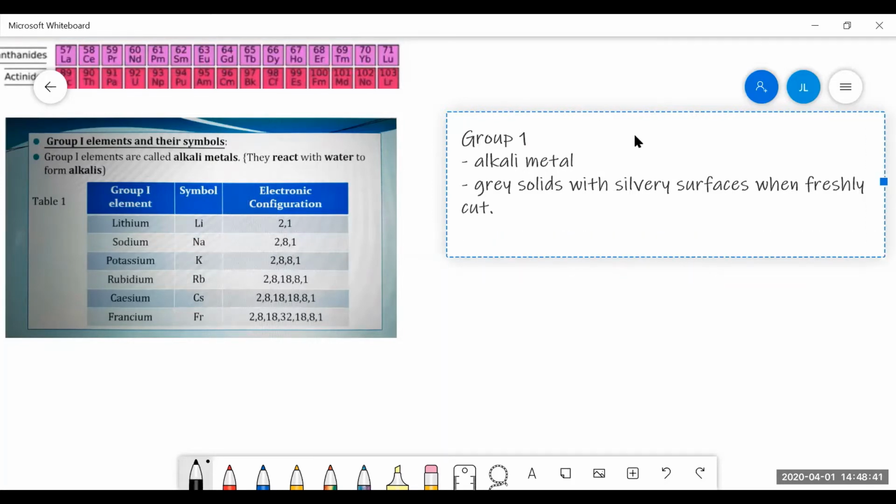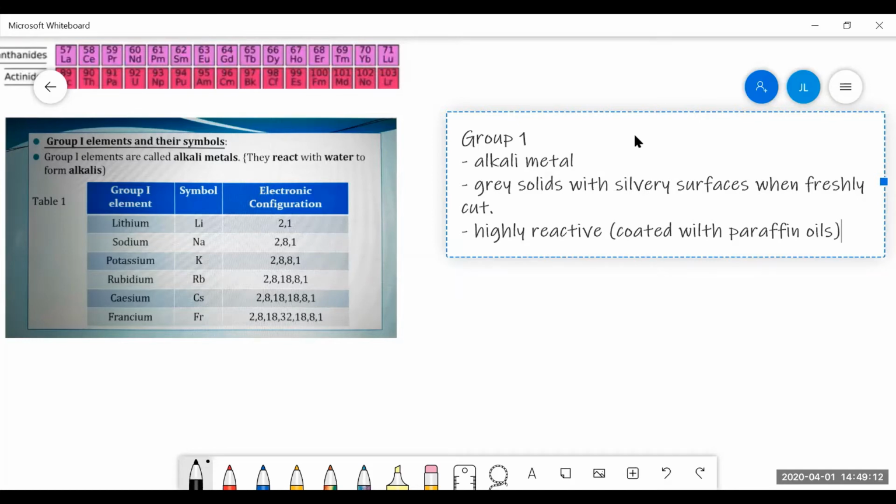Then they are also very reactive, highly reactive. That's why normally when you get these group 1 elements, they are coated with what? It is highly reactive.